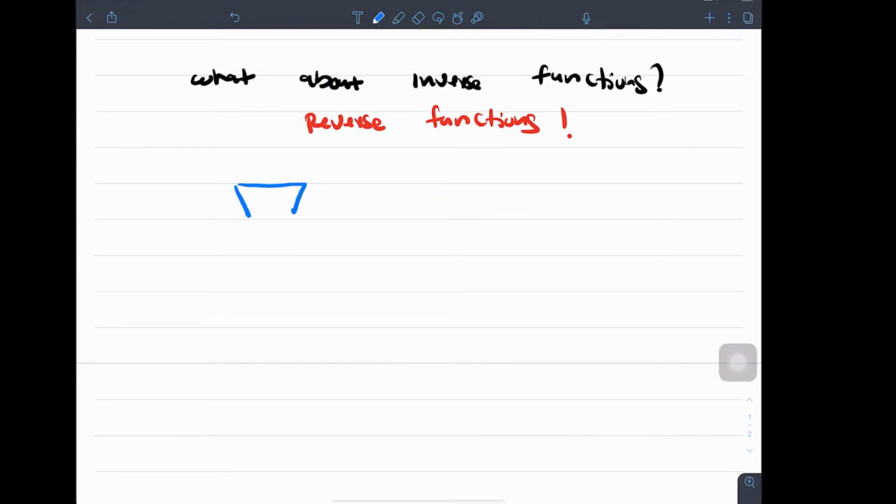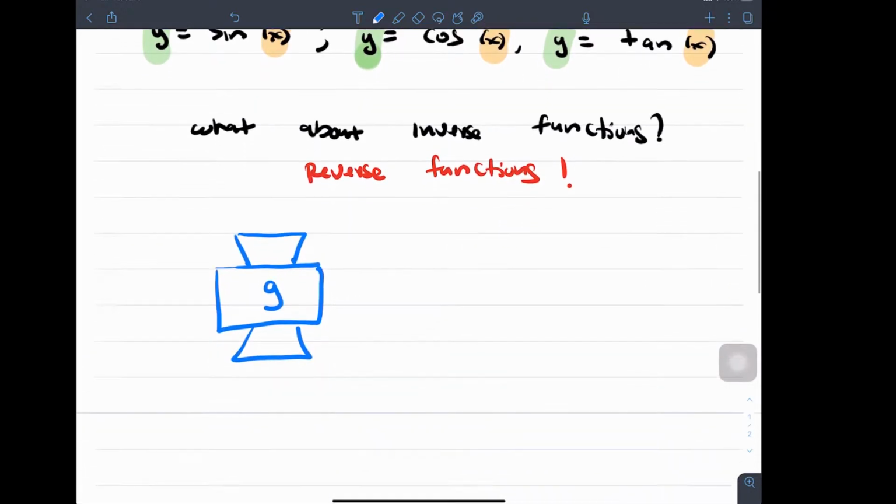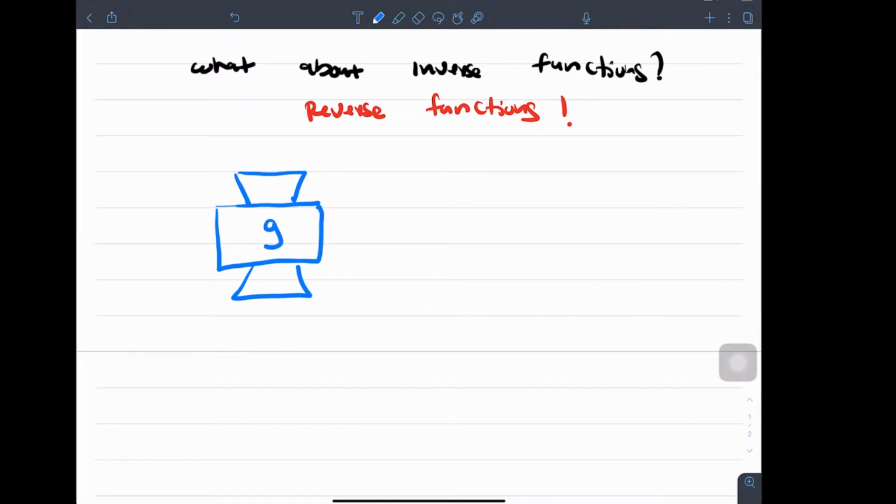Okay. So I'm going to draw a picture here. You guys remember how this works? I'll call it G. So how does it look like in reverse? Well, this time as an input, yes, it's an X value again, I'm going to put apple juice.